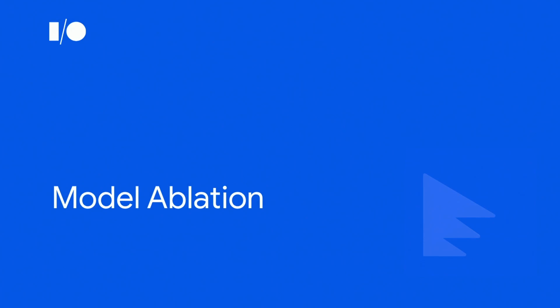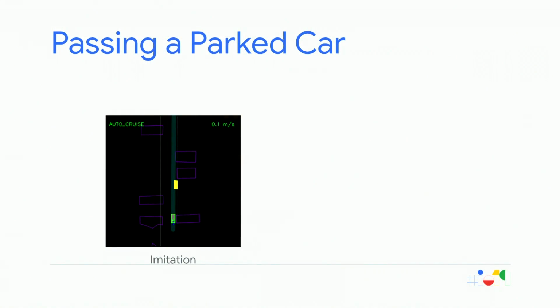Now we can perform the same test at the model end to really figure out what is the difference between the different models that we have built. So here's a scenario we created where we put a parked car in the middle of the road and have our agent approach it. We find that our car starts off well, but as soon as it sees this parked car, it slows down and comes to a full stop and gets stuck.